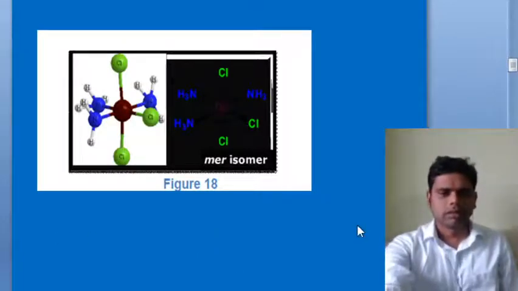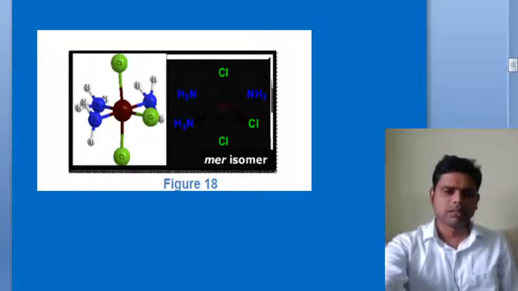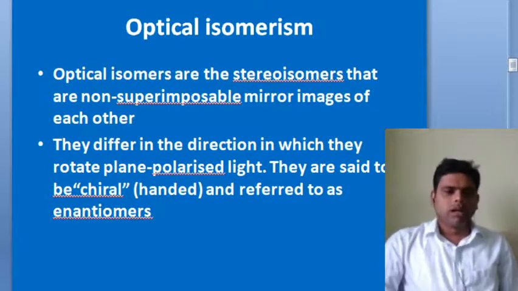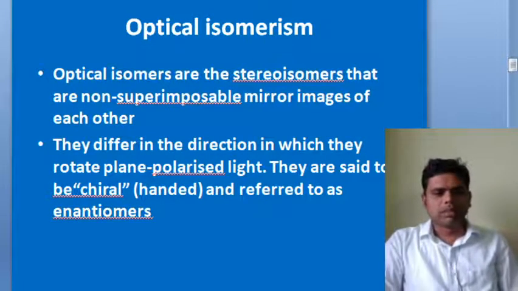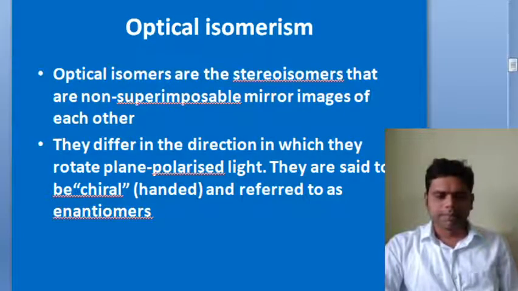Okay. So that's facial and meridional isomers, which are geometrical isomers in the case of A3B3 type of complex. Now the second part of this is optical isomerism.